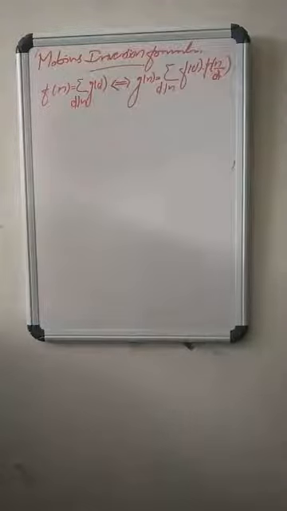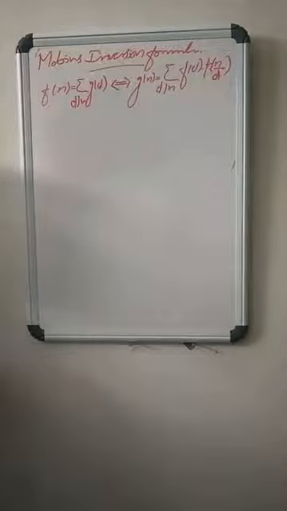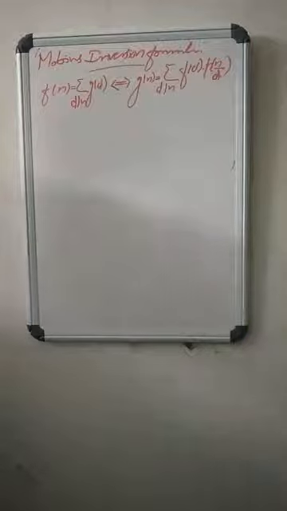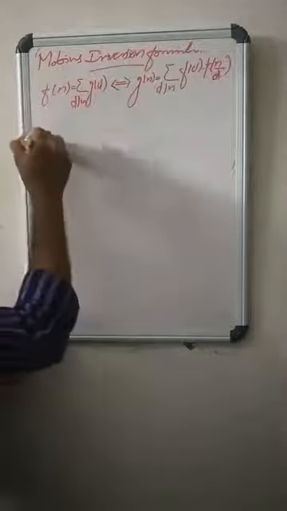Then the Mobius inversion formula states that f of n equals sigma over d divides n g of d if and only if g of n equals sigma d divides n f of d into mu of n by d. So come to the proof.